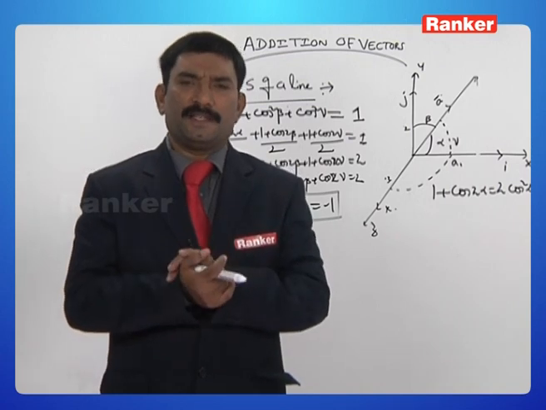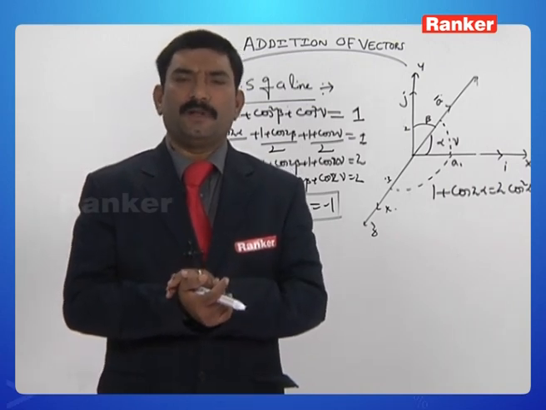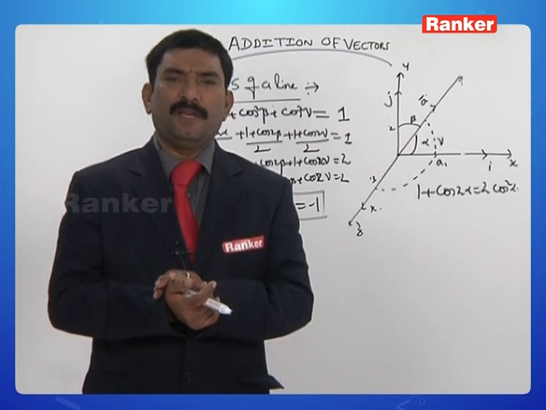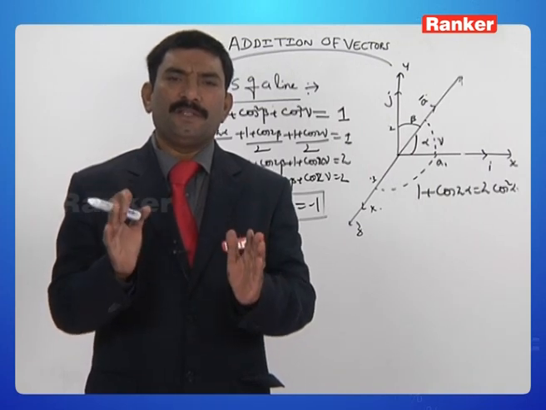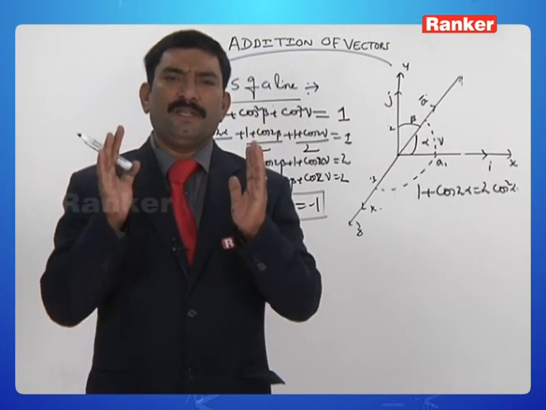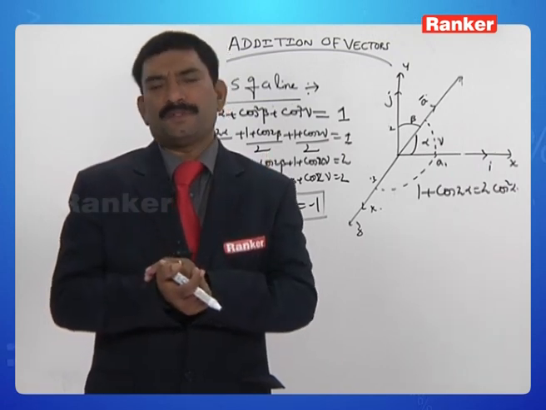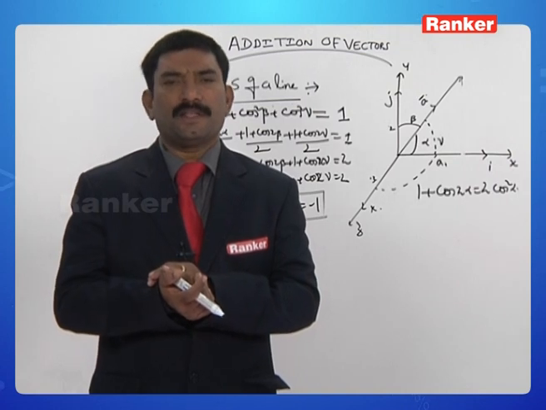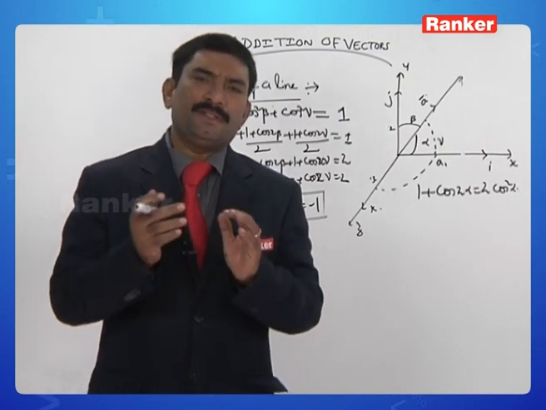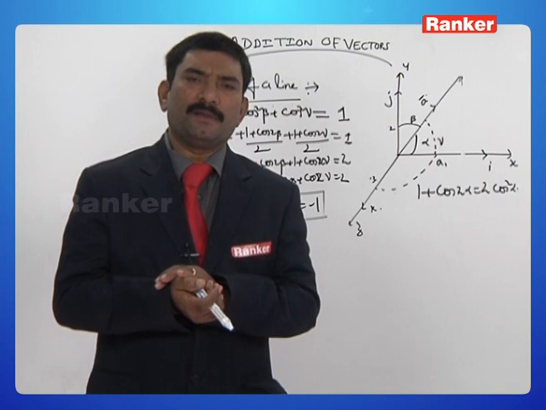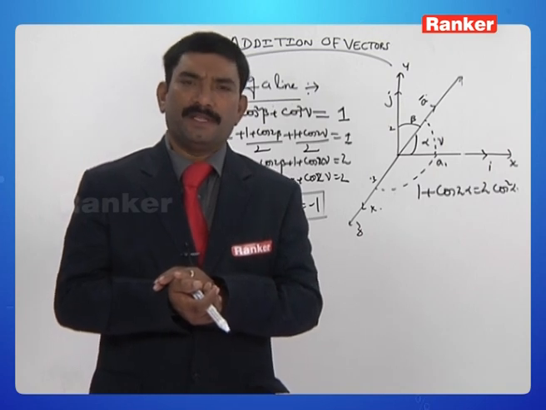Yes, we have come across up to now direction cosines. Let alpha, beta, gamma be the angles made by the vector A bar is equal to A1 i plus A2 j plus A3 k with the positive direction of x, y and z axis respectively. Then cos alpha, cos beta, cos gamma are known as direction cosines.